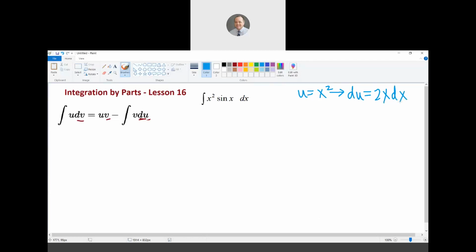And we'll let dv be our sine of x dx. And to get v, you integrate both sides. So v is equal to negative cosine x.